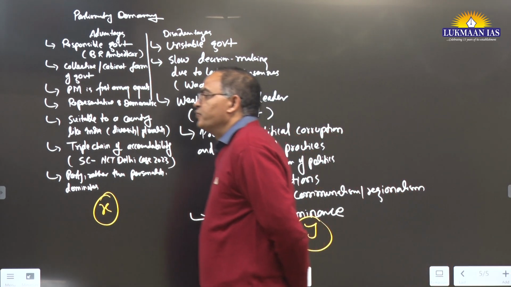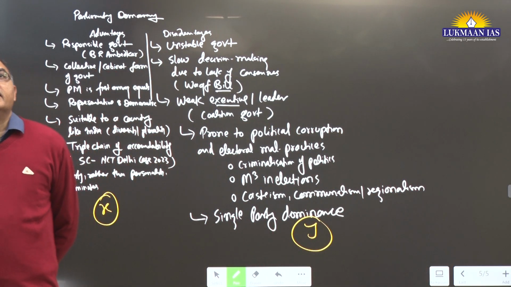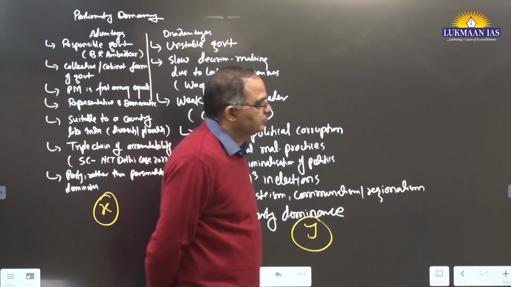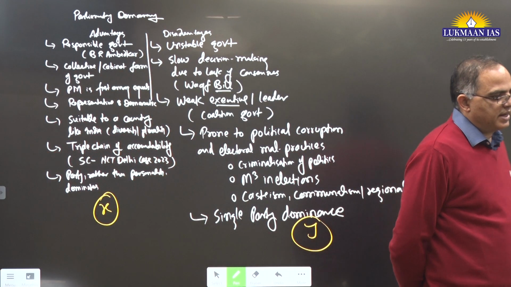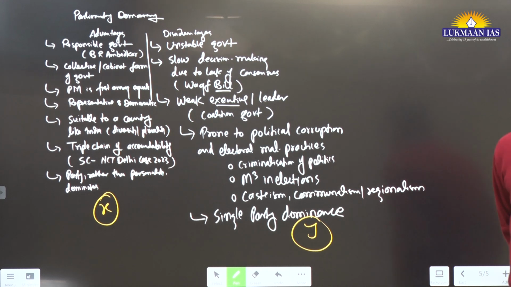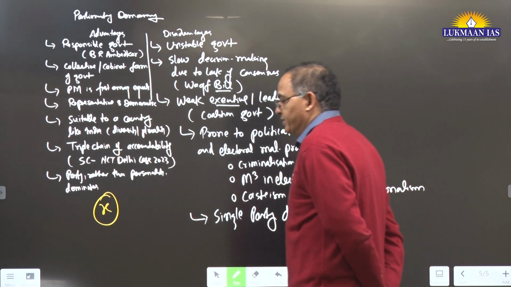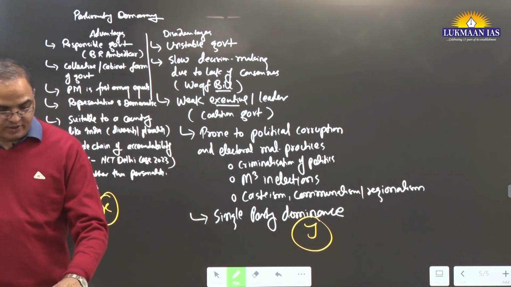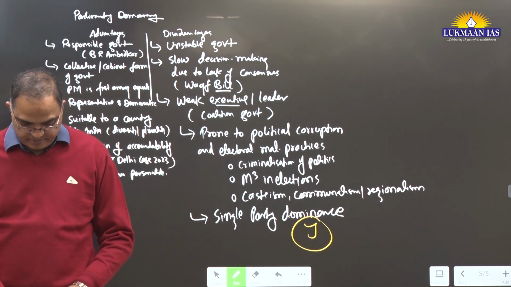Let's write a subheading: factors, in brackets causes, influencing adoption of the parliamentary system.